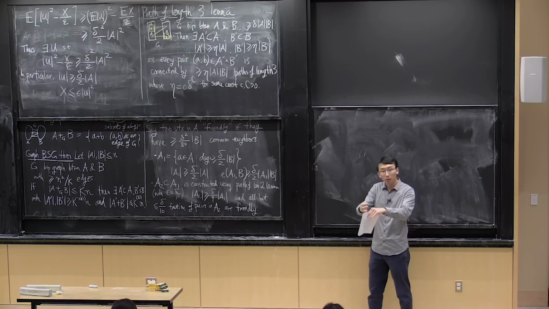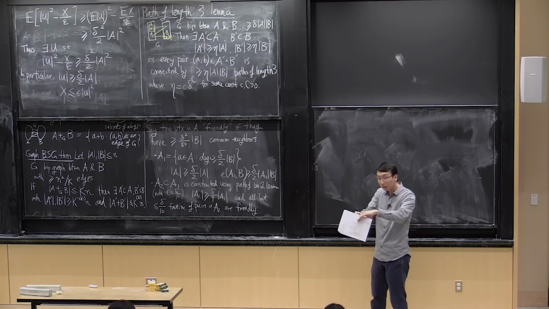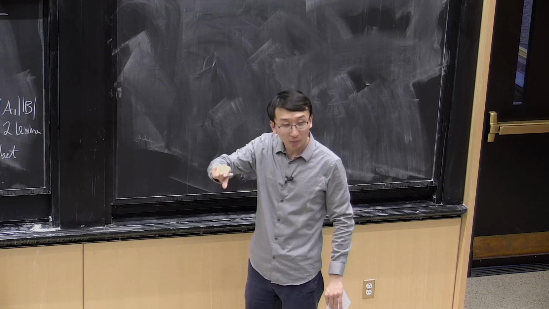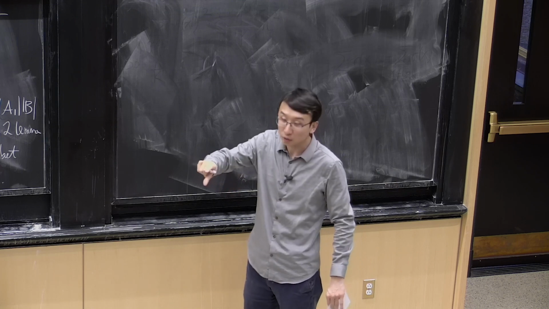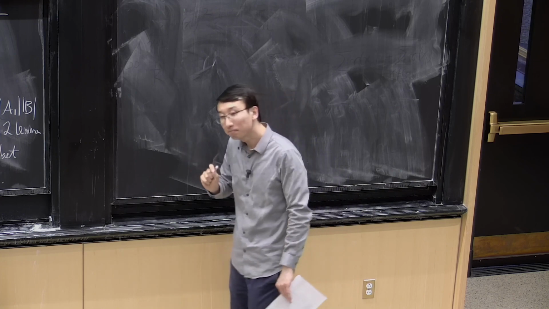So we pass down to first trimming small degree vertices, and then pass down further to A2, where all but a small fraction of elements in A2, all but a small fraction of the pairs are friendly to each other, meaning they have lots of common neighbors.